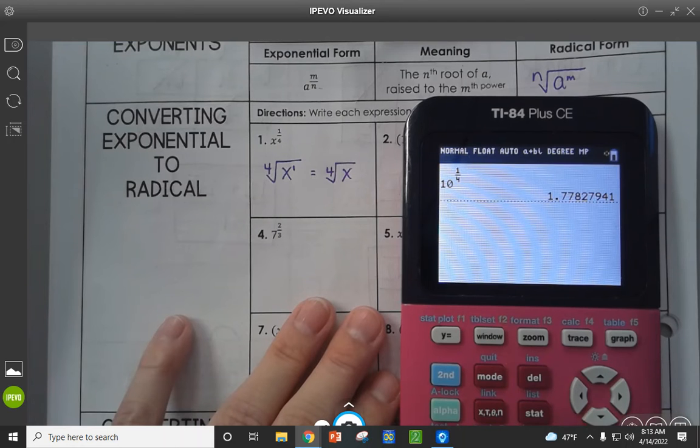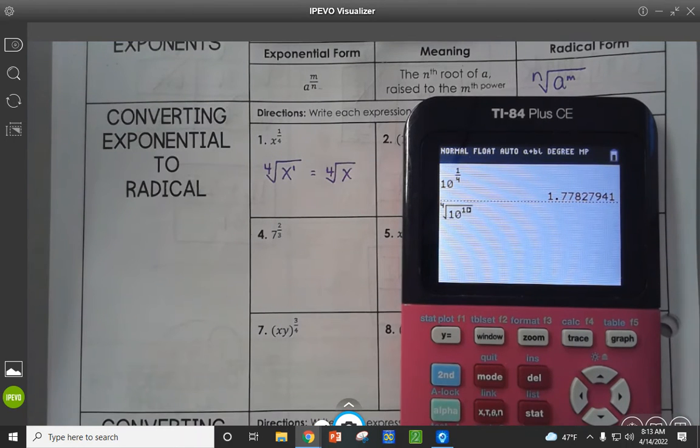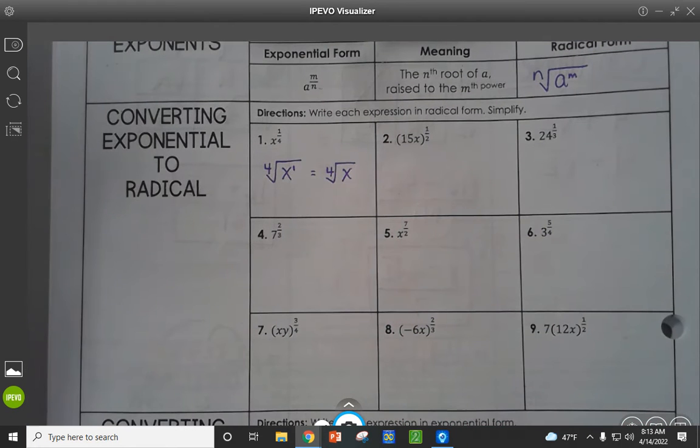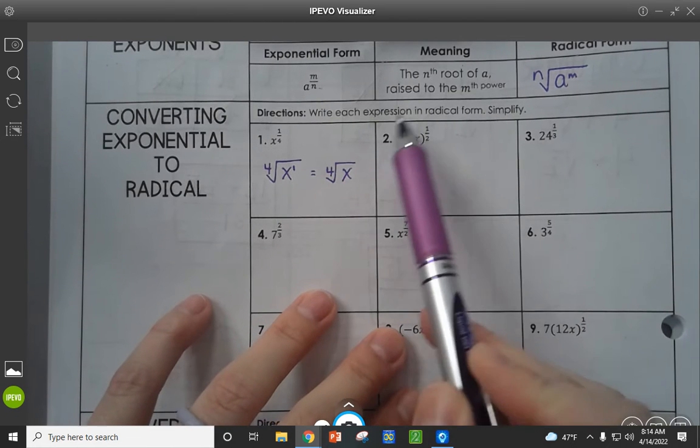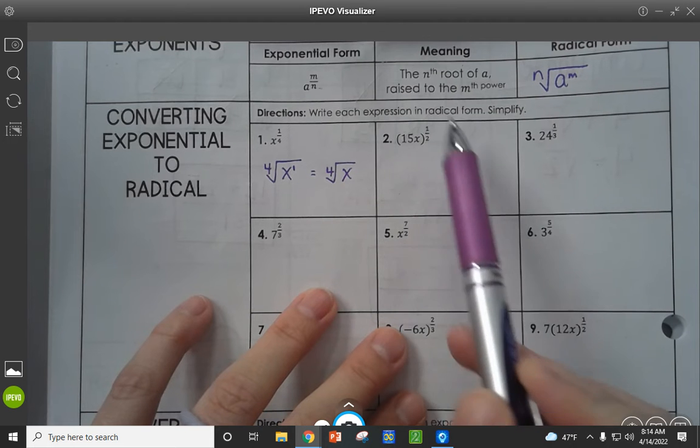Or if I do the 4th root of 10 to the 1st power, which is really just 10, you get the same thing. Those are just two different ways of writing the same thing. And sometimes, depending on what type of problem we're solving, you might need it in one or the other form.